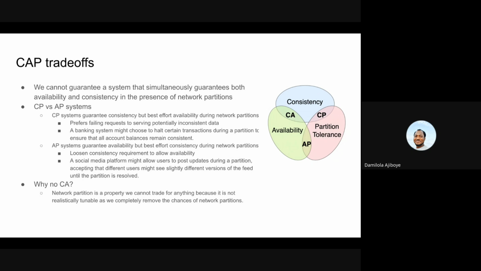A bomb can be detonated in a data center and it goes off the network, and no one can really control that. Or a rat goes somewhere and bites some cables, and then we have network partitions. So we just have to design these systems thinking that network partitions will always happen.